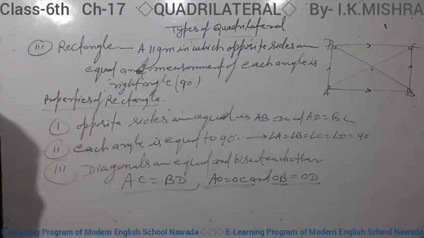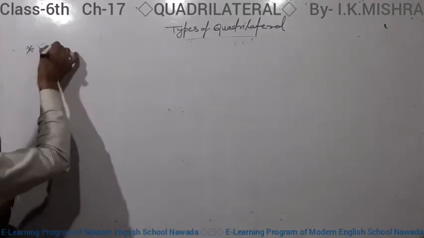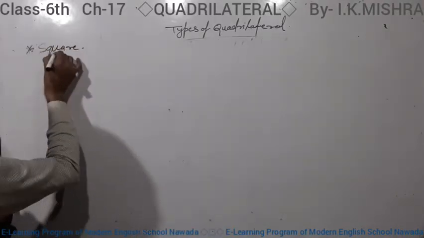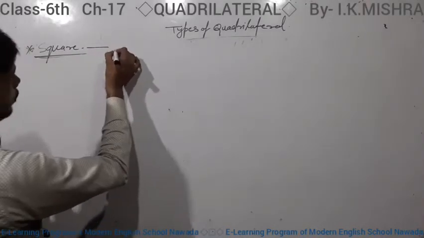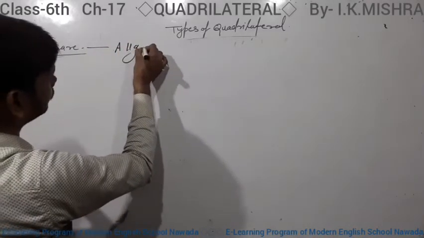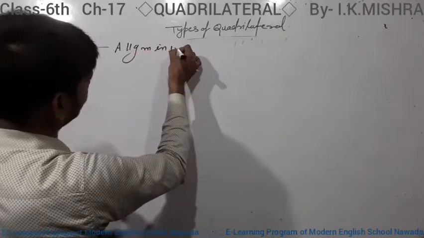Now proceed to next type of quadrilateral, a square. It's also a parallelogram.